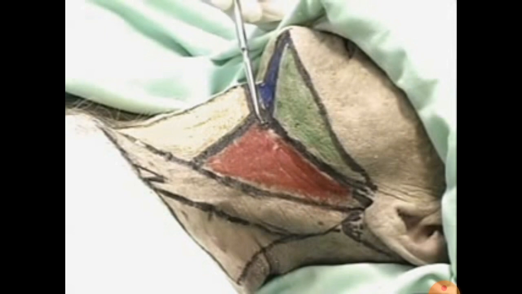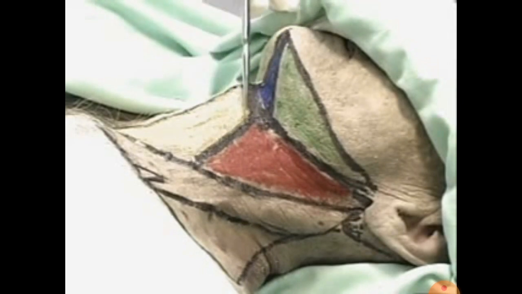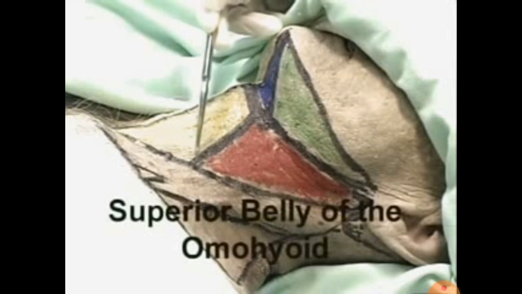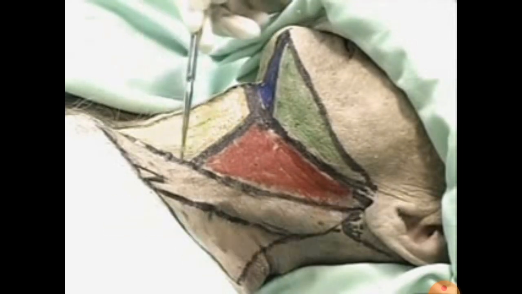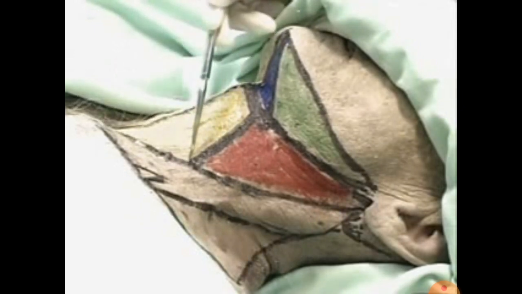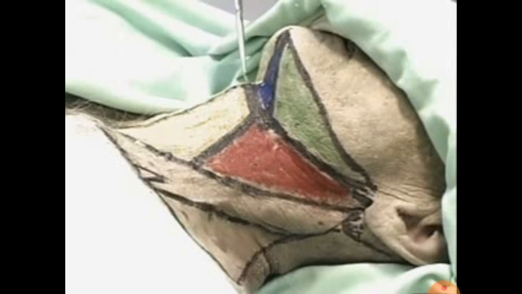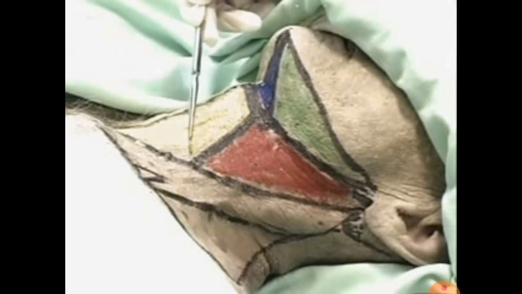Okay, this is the hyoid bone, so the level or the location of the hyoid bone in the neck. This represents the superior belly of omohyoid. This is the lower half of the anterior border of sternocleidomastoid muscle, and the third boundary is formed by the midline. So this yellow triangle represents the muscular triangle of the neck.